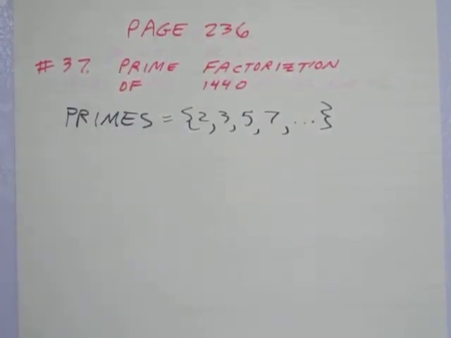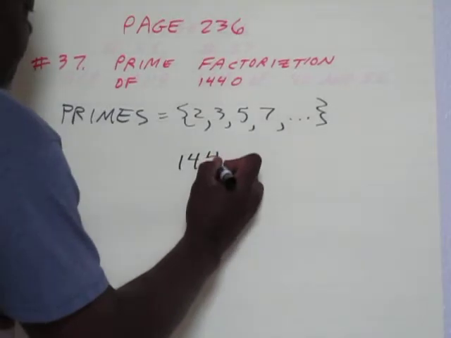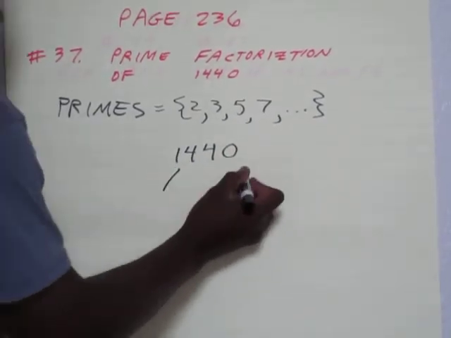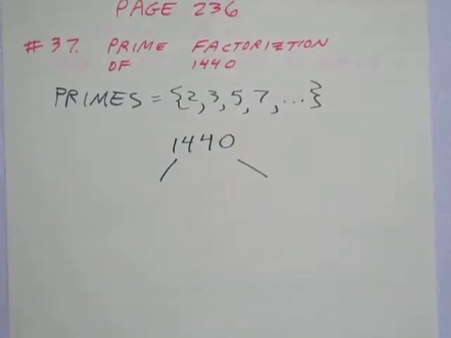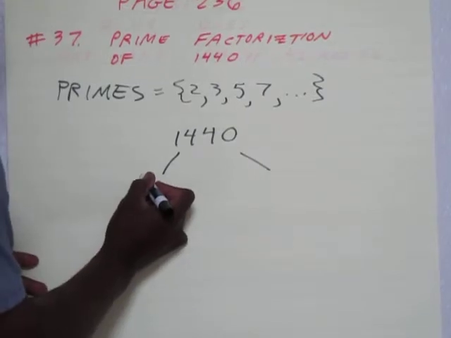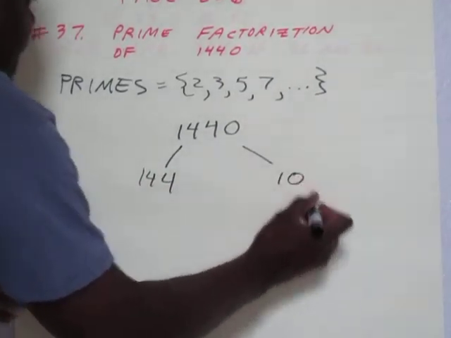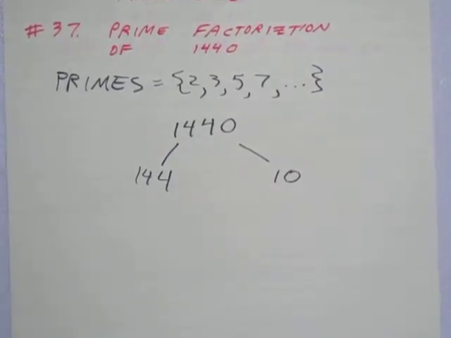Well, I'm going to utilize a tool called a factor tree. I start with the number 1440, and then I want to split it into a product of two numbers. Any two factors will do. So I'm going to take 144 times 10.